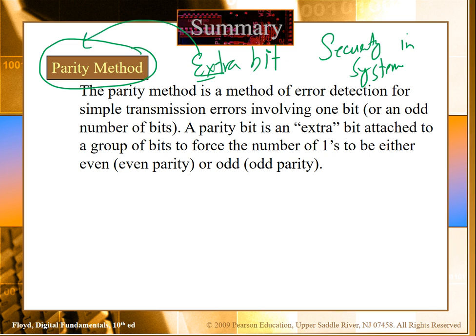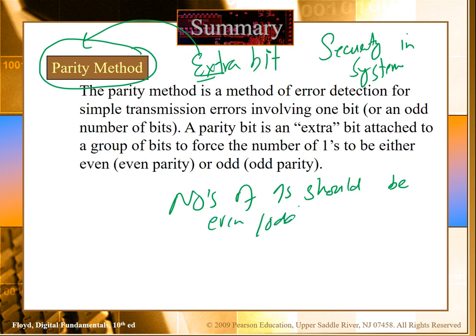It is based on calculating the number of ones in the system, which should be even or odd. If the number of ones is odd, we call this odd parity. If the number of ones is even, we call it even parity.